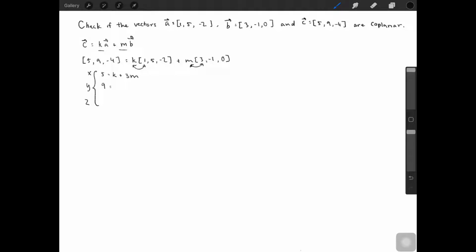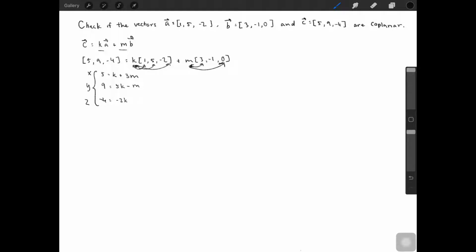Then we have 9 equals 5 times K, which is 5K, plus negative 1 times M, which is negative M. And then we can do negative 4 equals negative 2 times K, which is negative 2K, and we'll multiply M by 0, which is just 0, and we'll just not write anything.